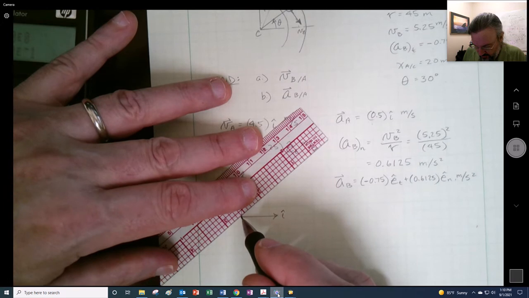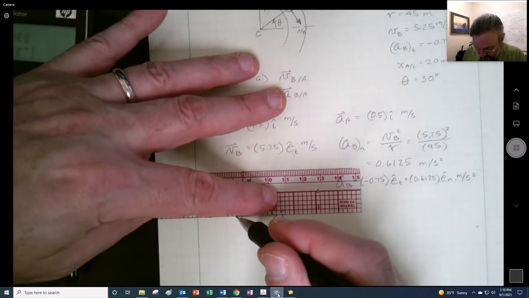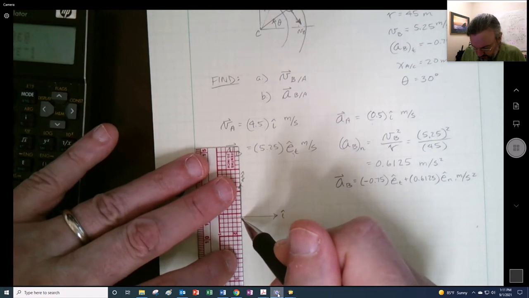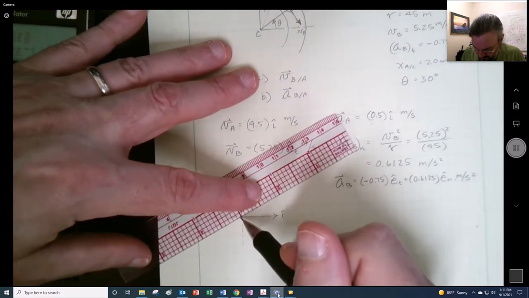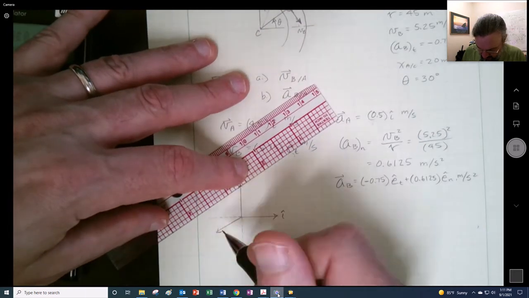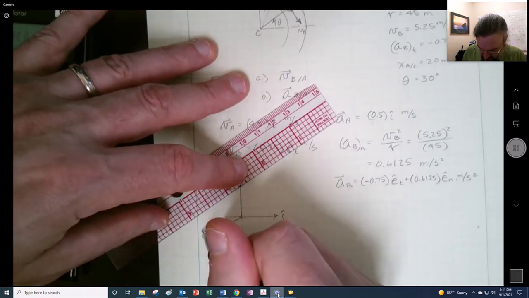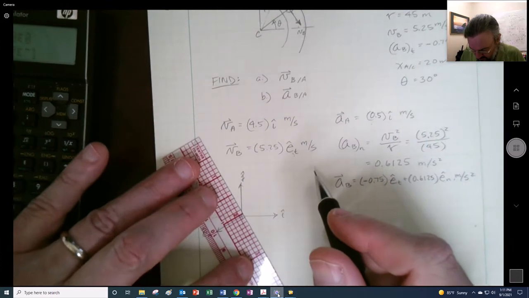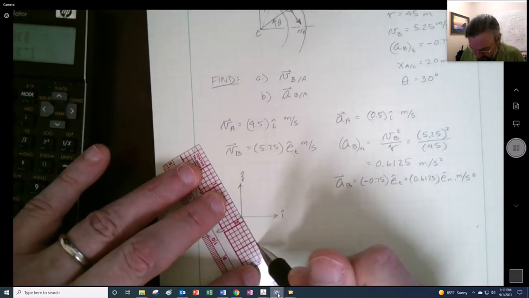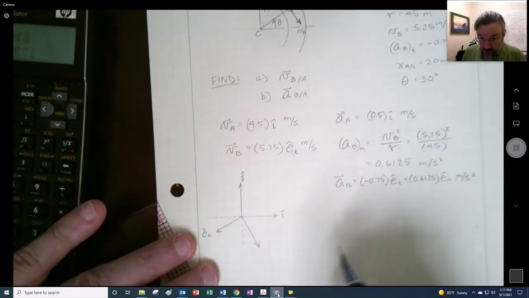So the normal was, I'll even extend this a little bit. We know that this was pointing down that way right there. So here was your EN. And then our tangential one, perpendicular to that, was down this way. So there's your ET.